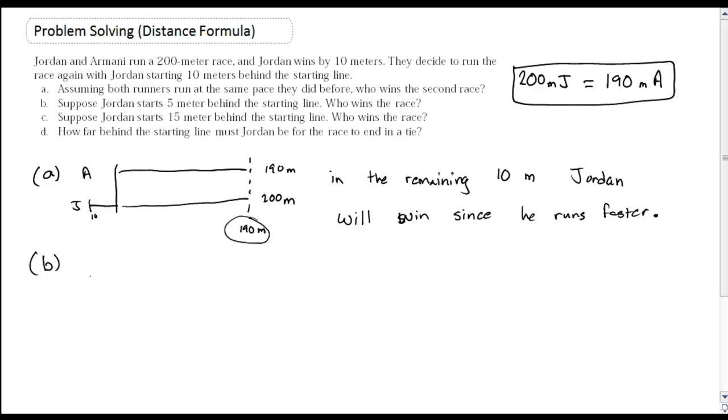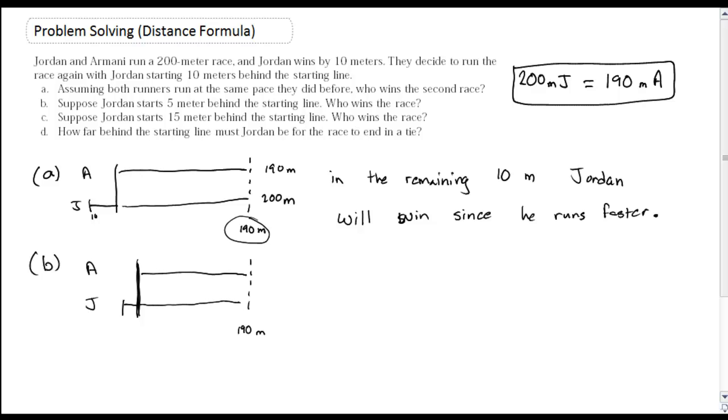But if I want to get really technical here, here's Armani, here's Jordan, here's the start line. Jordan's 5 meters behind. We come out here at 190 meters. So Jordan has run 190 meters when we're 190 meters out, because he started at the starting line.